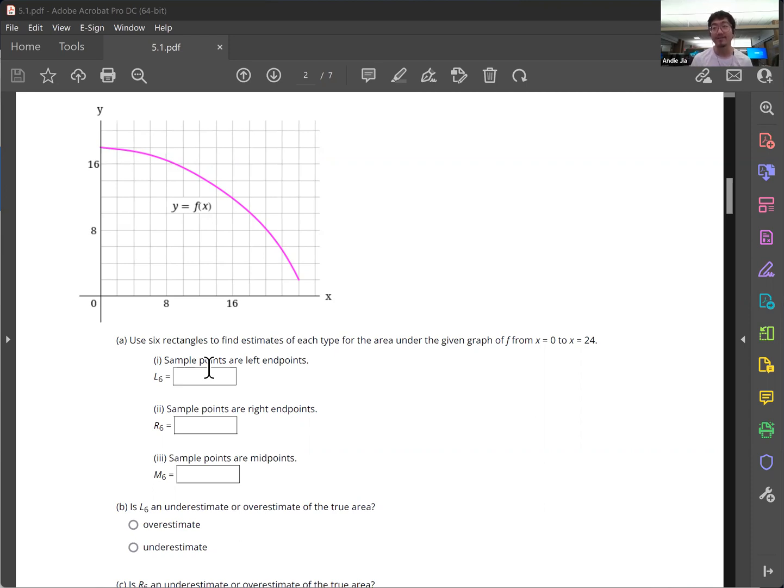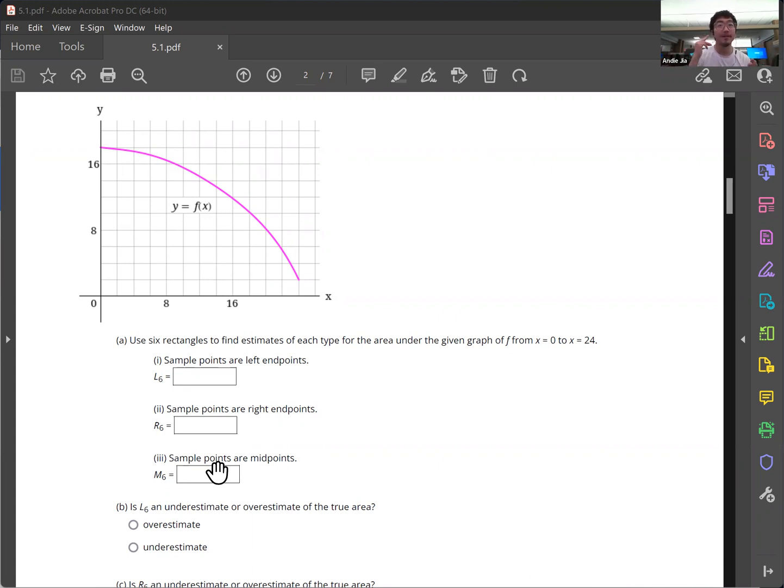Writing in fraction form, it is 3/2, 9/2, 15/2, 21/2, 27/2, 33/2, 39/2, and 45/2. If you want to do the right endpoint, it's the upper end of each subinterval.